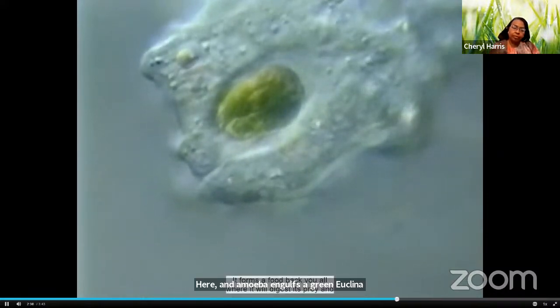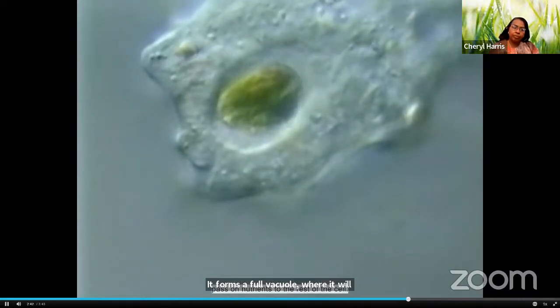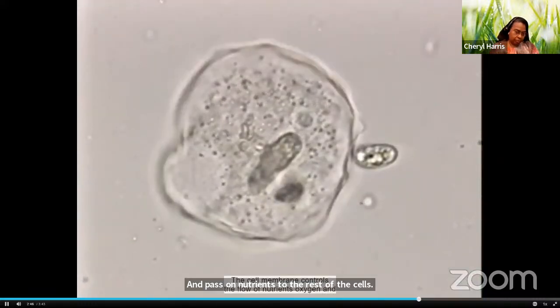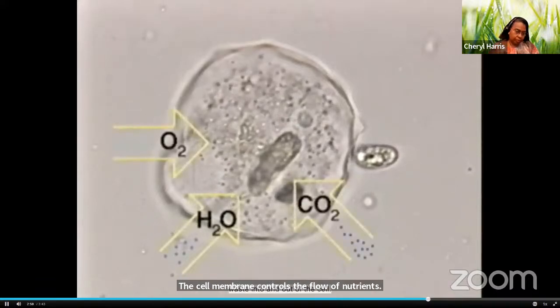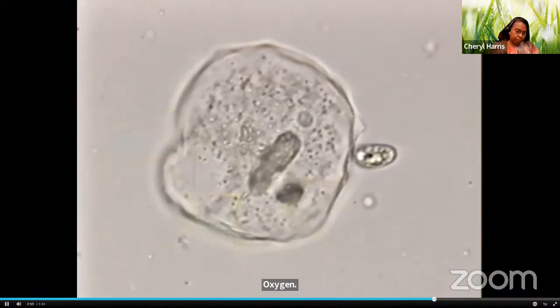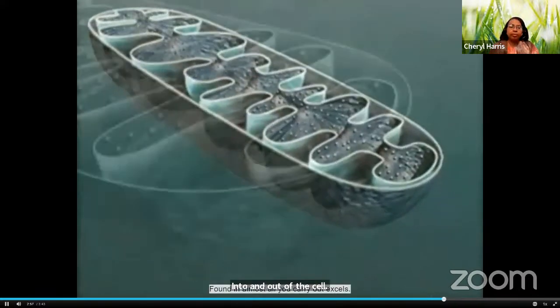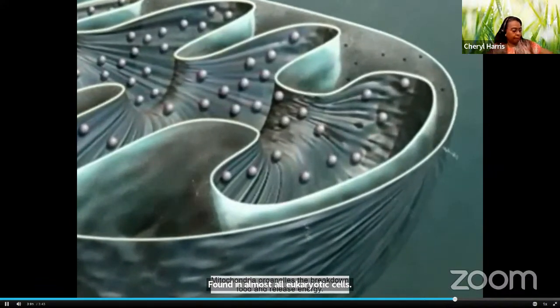It forms a food vacuole where it will digest its prey and pass on nutrients to the rest of the cell. The cell membrane controls the flow of nutrients, oxygen, and waste into and out of the cell. Found in almost all eukaryotic cells, mitochondria are organelles that break down food and release energy.